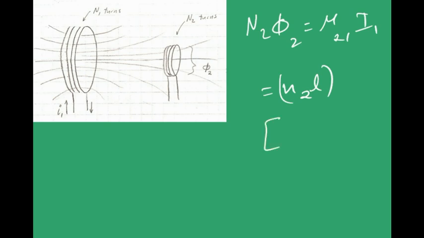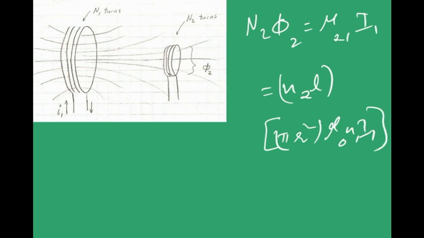The area anyway is pi small r square only here also, because the flux is through the second solenoid, which is smaller in area. So we have pi small r square, and flux is due to the first, right? So mu naught N1 I1.